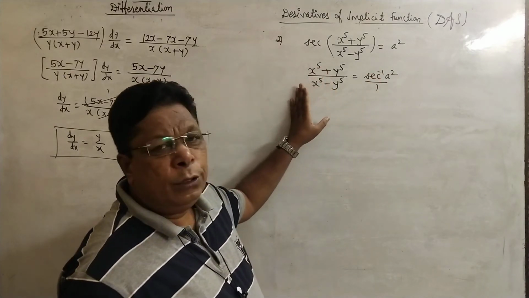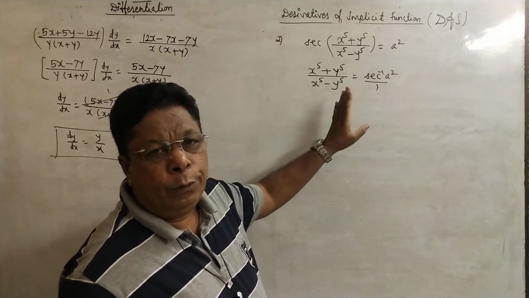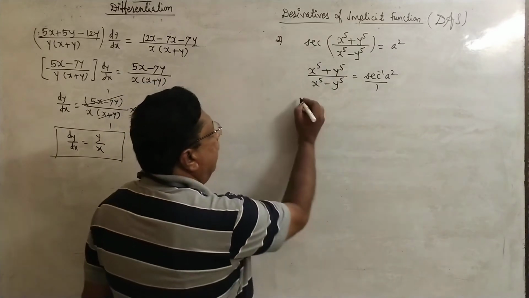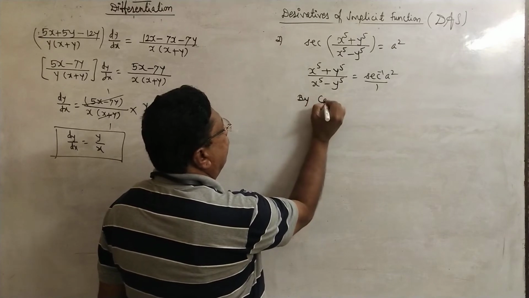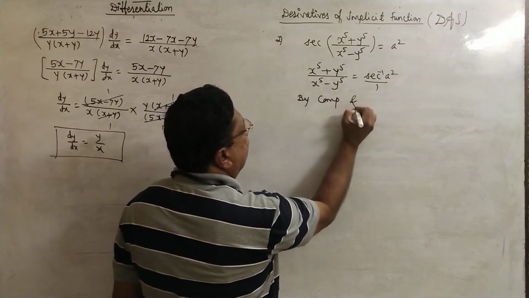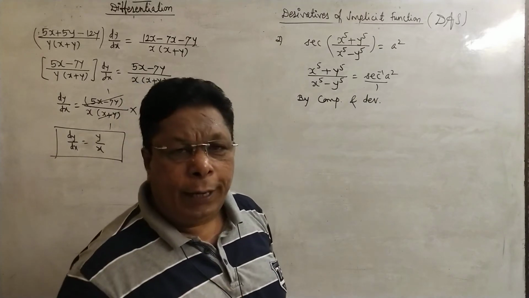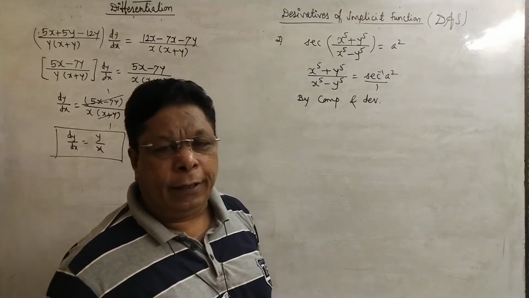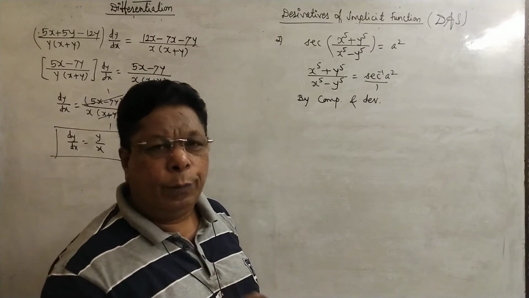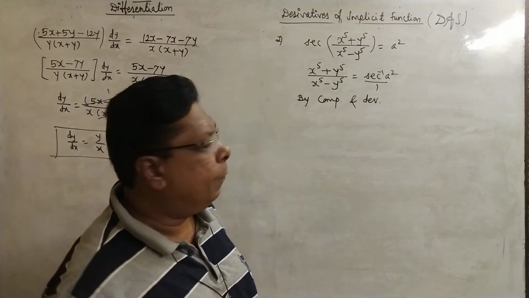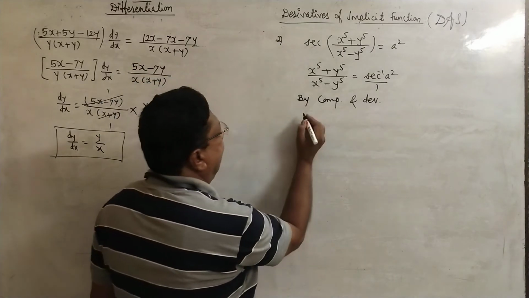Now here use componendo and dividendo, the addition and subtraction operation. What is componendo and dividendo? In the numerator, numerator plus denominator, and in the denominator, numerator minus denominator. This is componendo and dividendo.